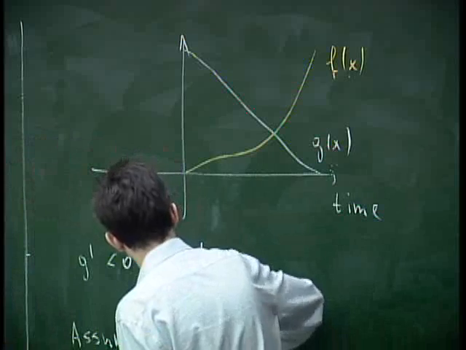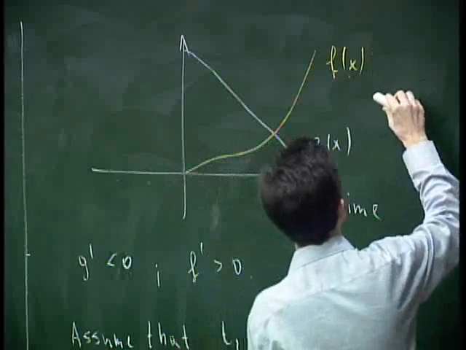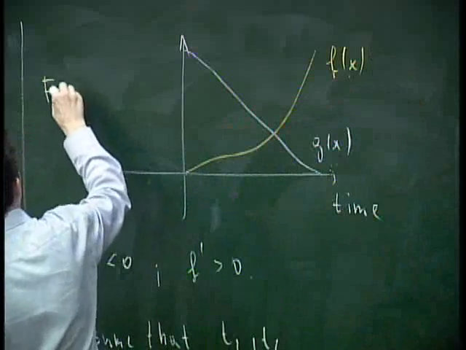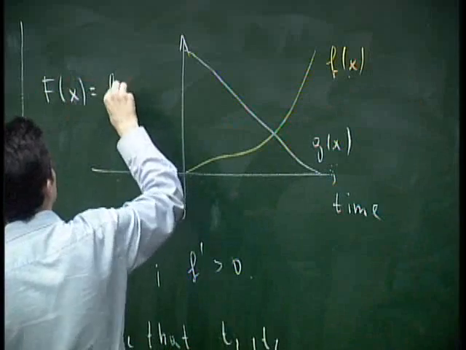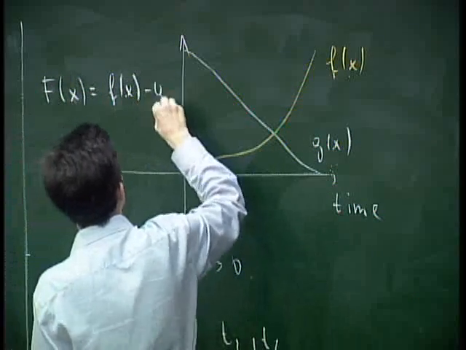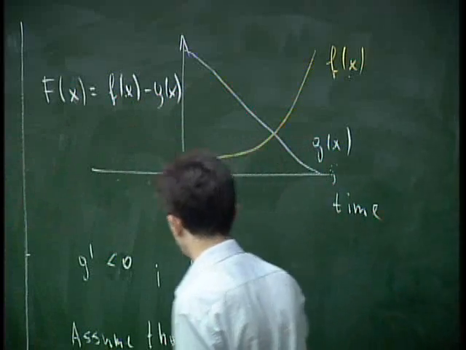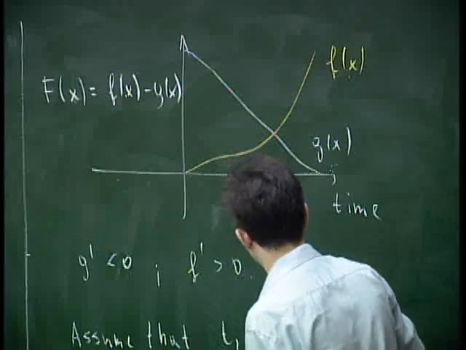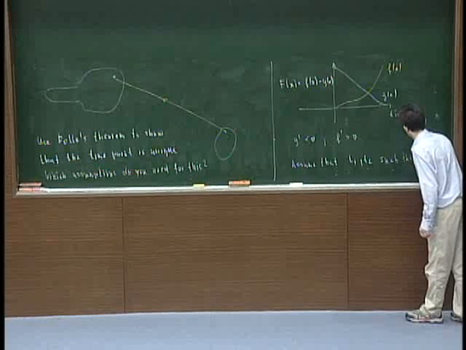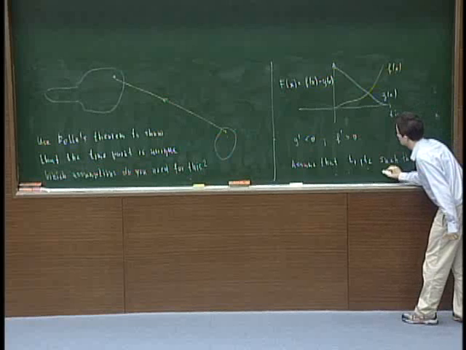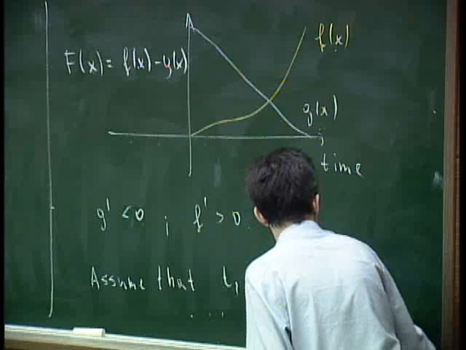So if you assume that you have two points. We consider again the function, call it maybe f of x minus g of x. So assume that there are 2 time points. Actually, the x should be t, would be maybe better, such that f of t1 is equal to f of t2.